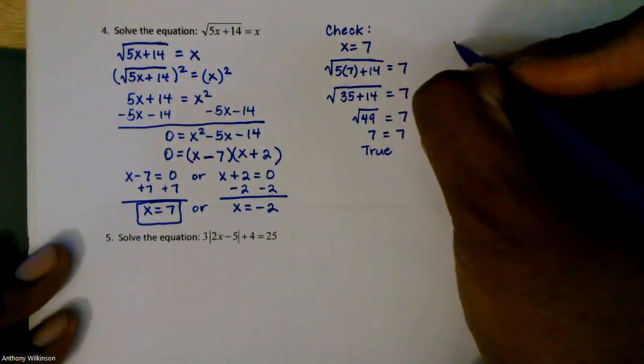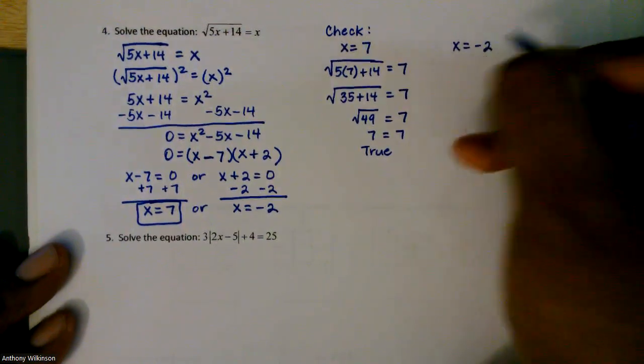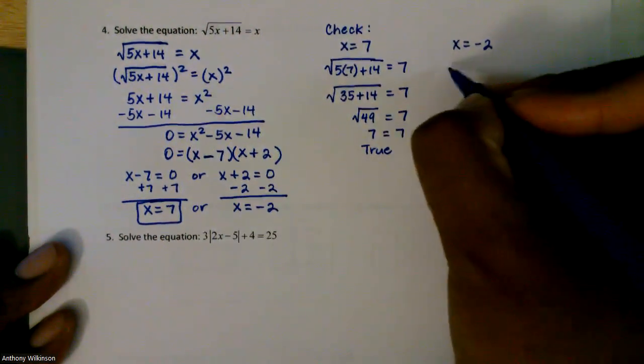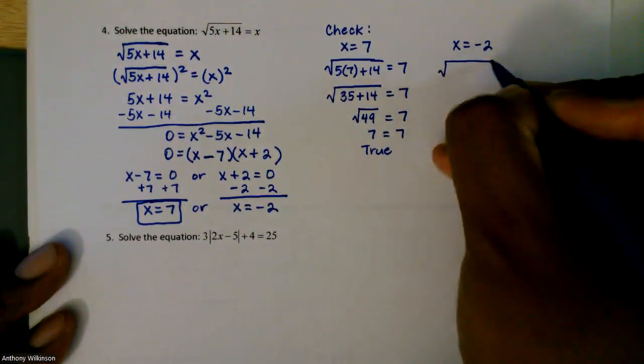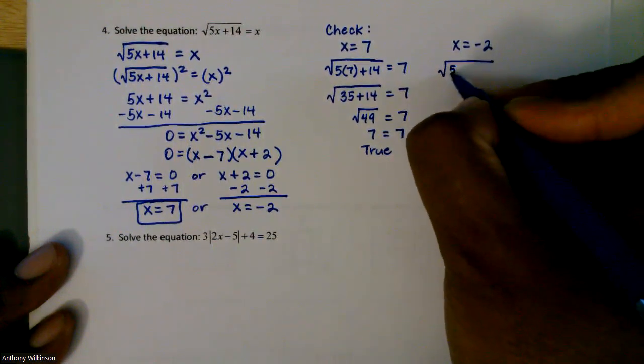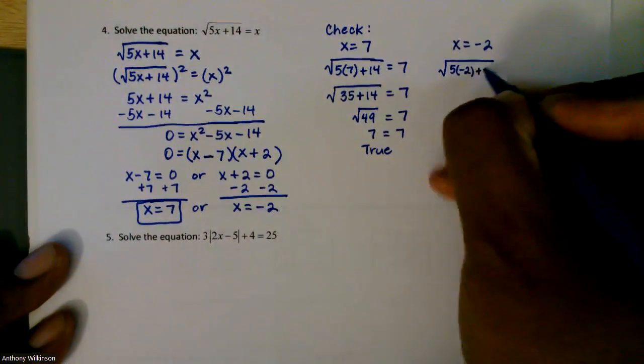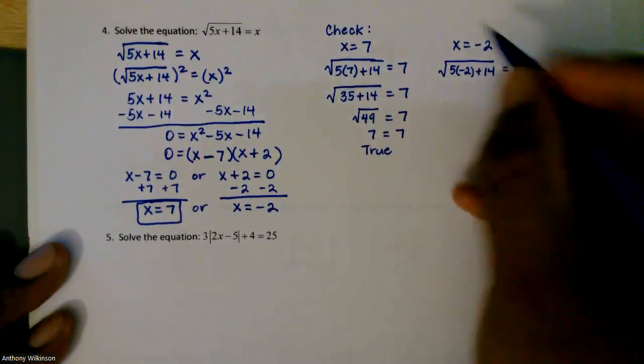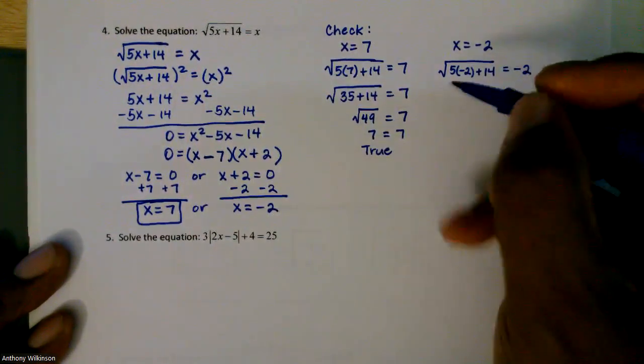And if you want to, you can go ahead and check that x is equal to -2 to verify that it's not going to be a solution. Because if we do the square root of 5 times -2 plus 14, that should equal x, which is -2. Here, again, substituting the x with -2 this time.